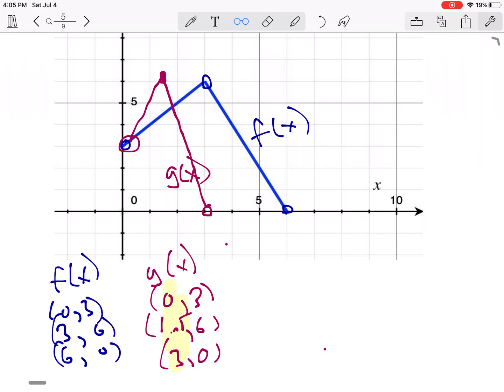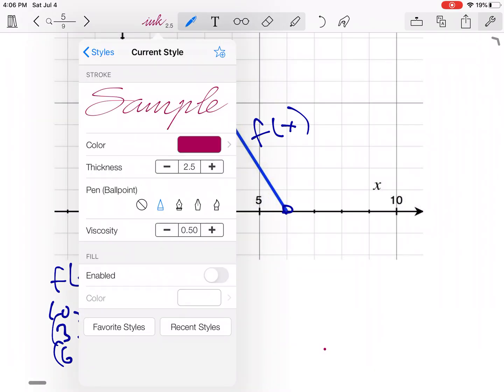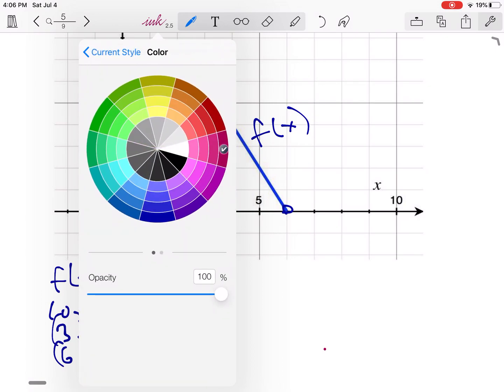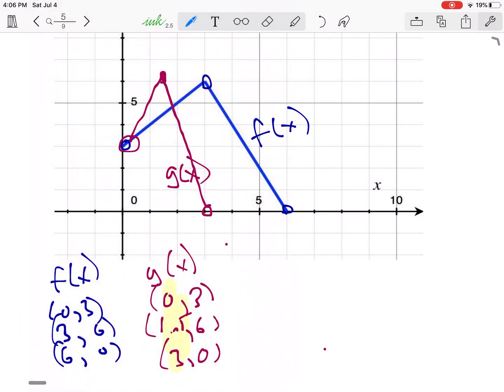Let's look at the next one here, h(x). You see how the multiplication of 2 is in front.